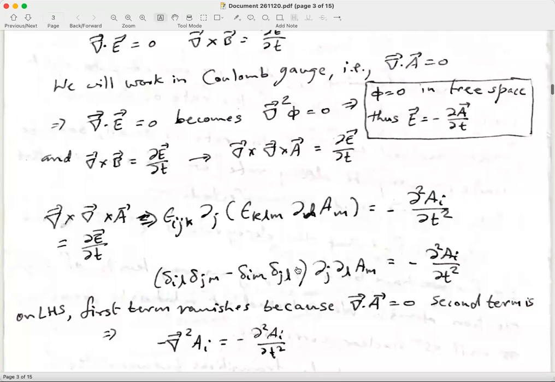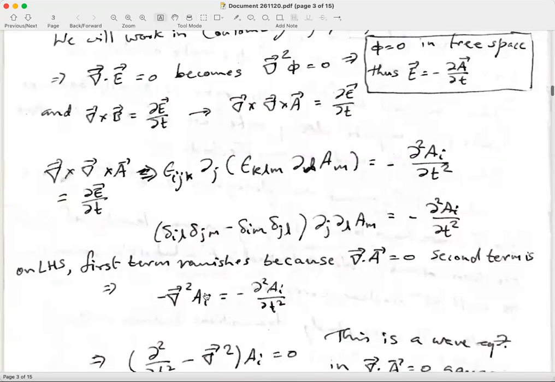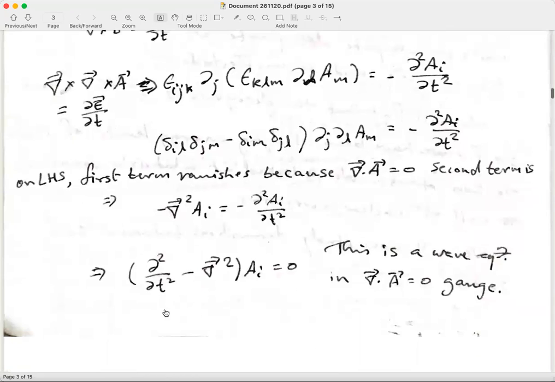So the only term that contributes is the second one, where M gets replaced by I and J and L are equal, so that is the Laplacian acting on A I. So the equation that you actually get is minus Laplacian acting on A I is equal to minus del squared A I by del T squared, which is of course the well-known wave equation or the Klein-Gordon equation satisfied by A I.